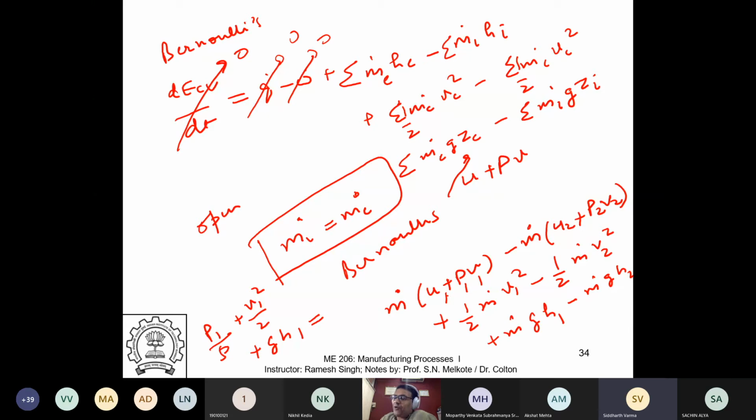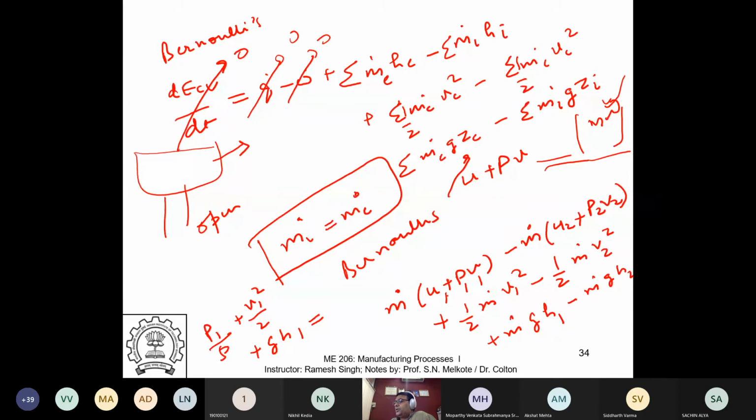In your reservoir, there is no such energy balance because the movement is very slow. It's not a flow. There is just an infinitesimal change in height in the pouring basin and in the mold also. Bernoulli's equation applies only wherever the flow is happening. The flow is happening only from the bottom of the pouring basin to the gate.